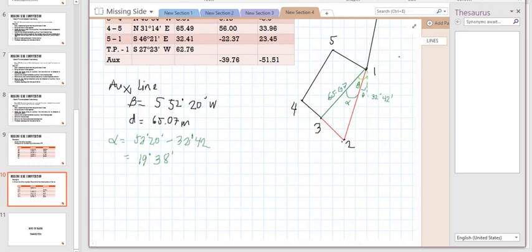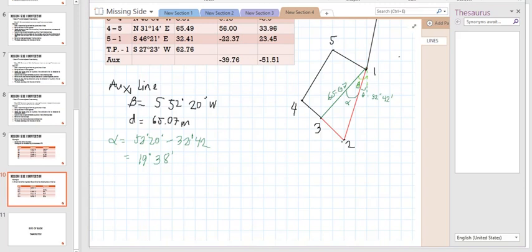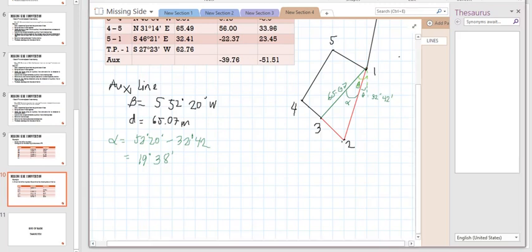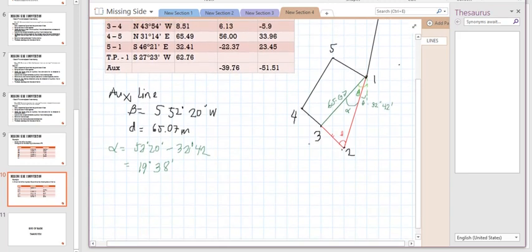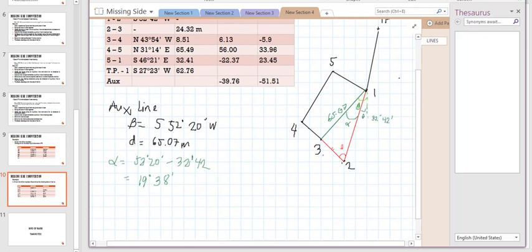Then using sine law, for this angle here, the given distance 2 to 3 is 24.32 meters.